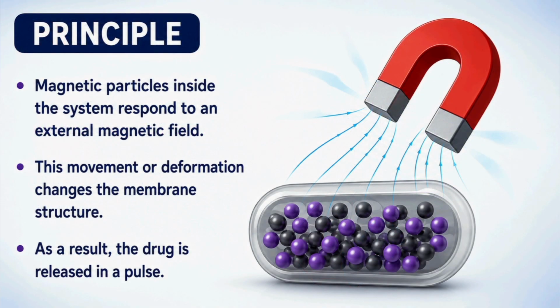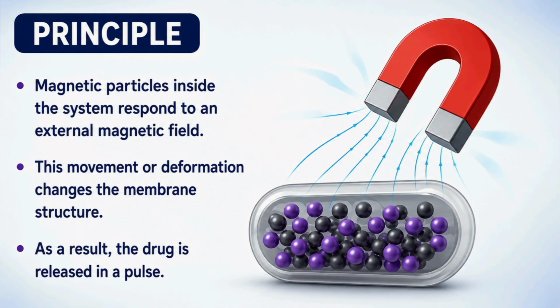So what's the principle? Now let's understand the principle. Inside the capsule, there are magnetic nanoparticles. These particles are sensitive to magnets. When an external magnet is brought near the body, the magnetic particles start moving. Because of this movement, the polymer membrane stretches, opens, or becomes permeable.